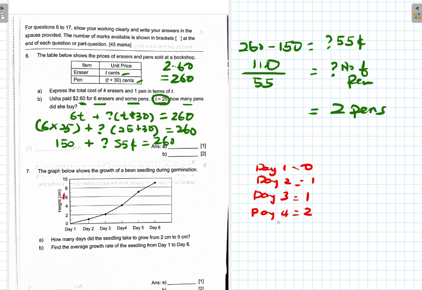Then from day 4 to day 5, here is 7, right? And then here is 4. Day 4 to day 5 will grow 3 centimeter.